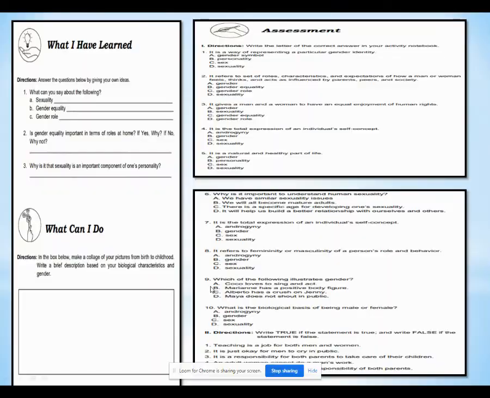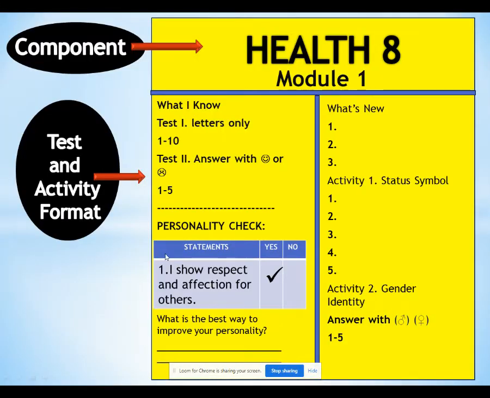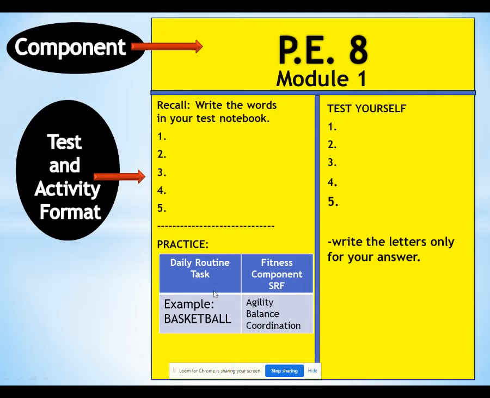For practice, this is just an example, but again, you will have to put at least 10 examples for practice. So the example is basketball. Fitness component or SRF is agility, balance, and coordination. Again, I need to have 10 items for the daily routine task.